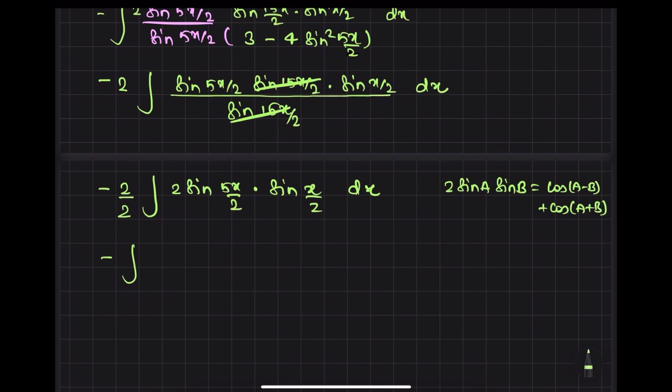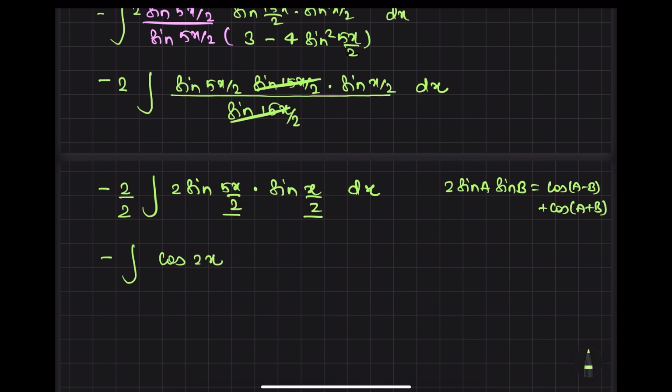Okay. So if you do this, you will get things done. Now can I write cos A minus B? So this minus this. So 5x by 2 minus x by 2, it is 4x by 2. So 4x by 2 is what? 2x.